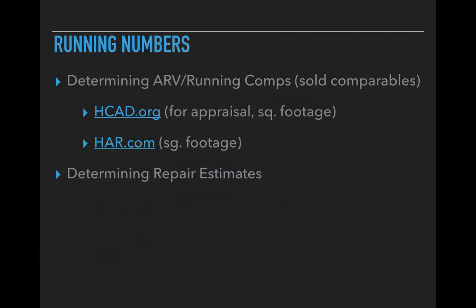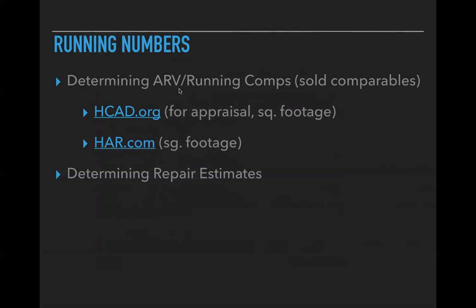This particular part of the presentation is really geared towards people that don't have MLS access. So it's a little bit more of an estimate than a really super solid comp.